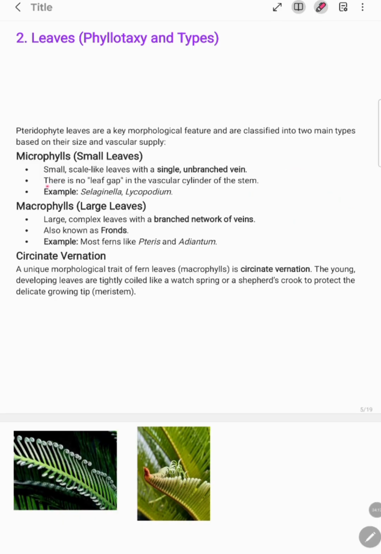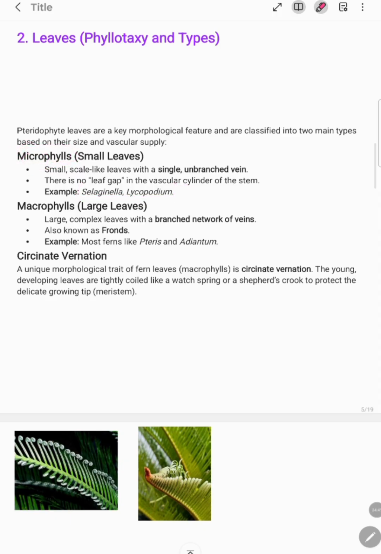Okay, there is no leaf gap in the vascular cylinder of the stem. Okay, in the vascular cylinder where xylem and phloem are present, there are no leaf traces or leaf gaps present. Okay, and the examples of microphylls where the small leaves are found are Selaginella and Lycopodium. Remember this example. Okay, Selaginella and Lycopodium, microphyll leaves are present.